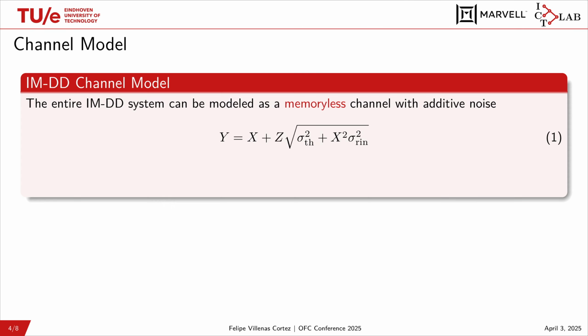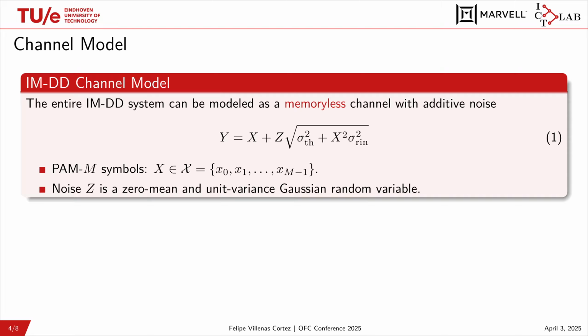So the entire IMDD system from before can be modeled as a memoryless channel with additive noise given by equation 1, where X, as I mentioned, is going to be the PAM symbols taken from a set of M elements, and the noise is going to be modeled with Z, which is a zero mean and unit variance Gaussian random variable. So the variance of the noise in this channel is given by the right-hand side of equation 1.